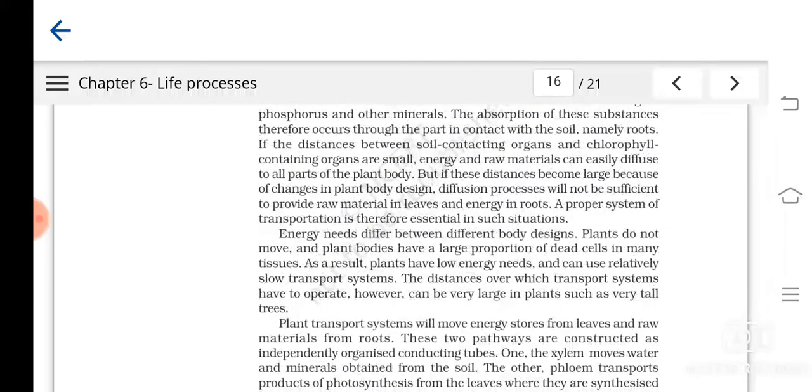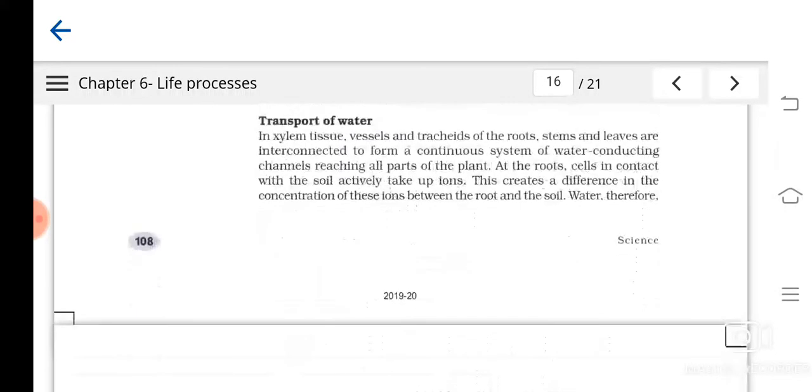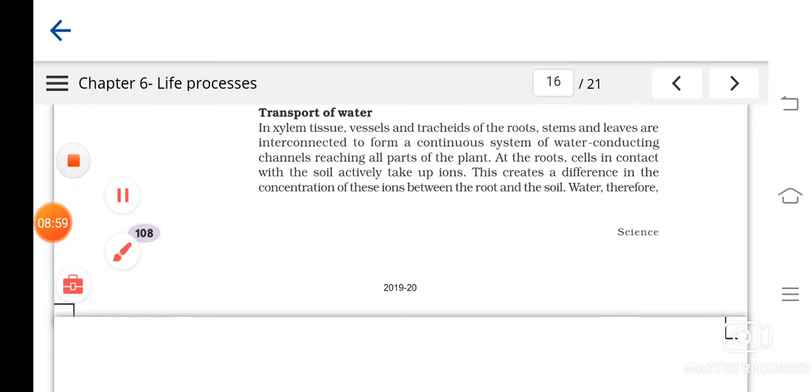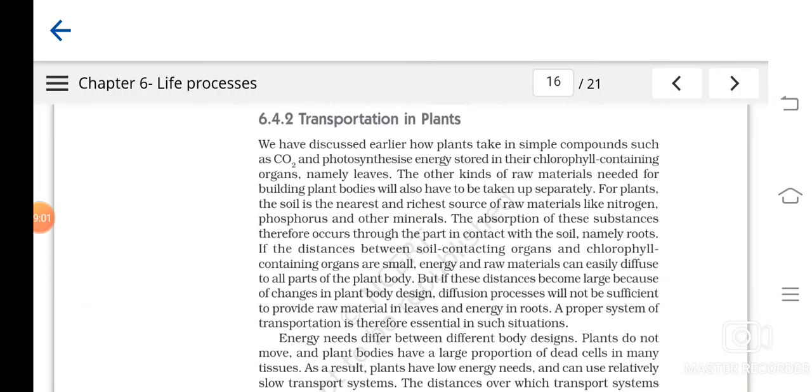Okay. Then the other material that has to be transported in plants is food and hormones. The conduction of food and hormones, the plants are having what? Phloem. Okay. And the transportation of food and other materials is a kind of active process. Why is it called an active process? Because it needs energy. Okay.